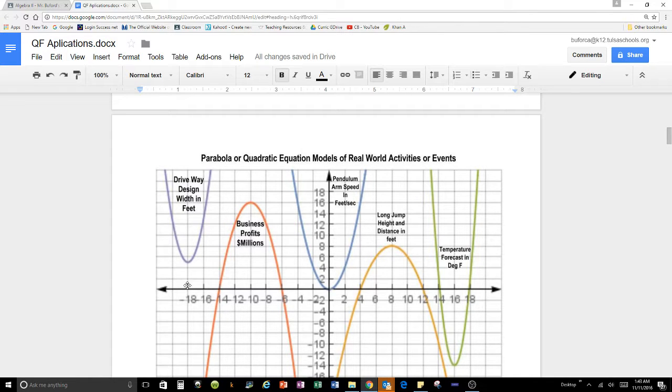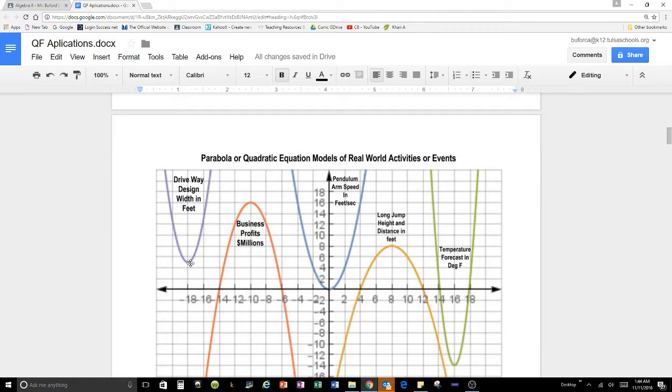So k has to equal 5, as you can see there. So that's how we got our value of k. When you find the event or situation or project that you're trying to model, go straight to the vertex, look at how far the vertex has been shifted up or down from 0, and that becomes your k value, and that's 5.